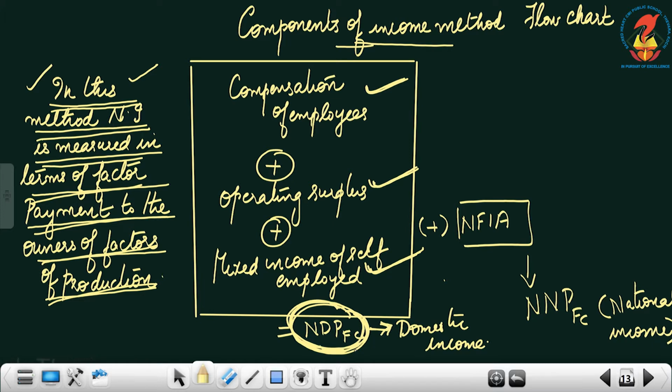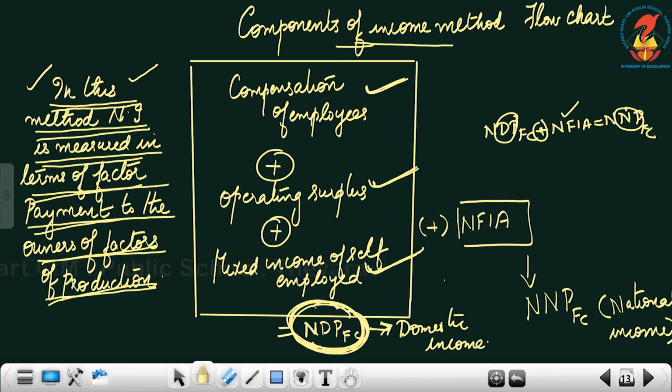Now, when you reach NDP at factor cost, you know how to go to NNP at factor cost, that is national income. NDP at factor cost plus NFIA will give you NNP at factor cost. That means to move from DP to NP, we need to add NFIA.